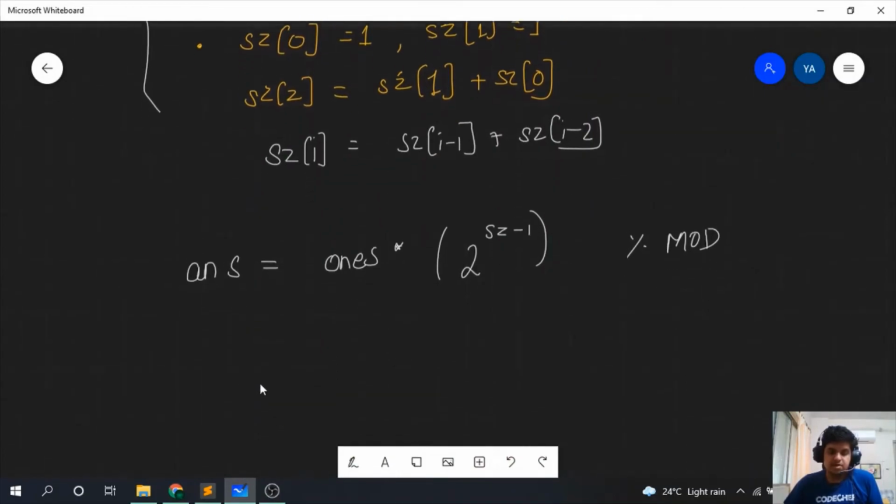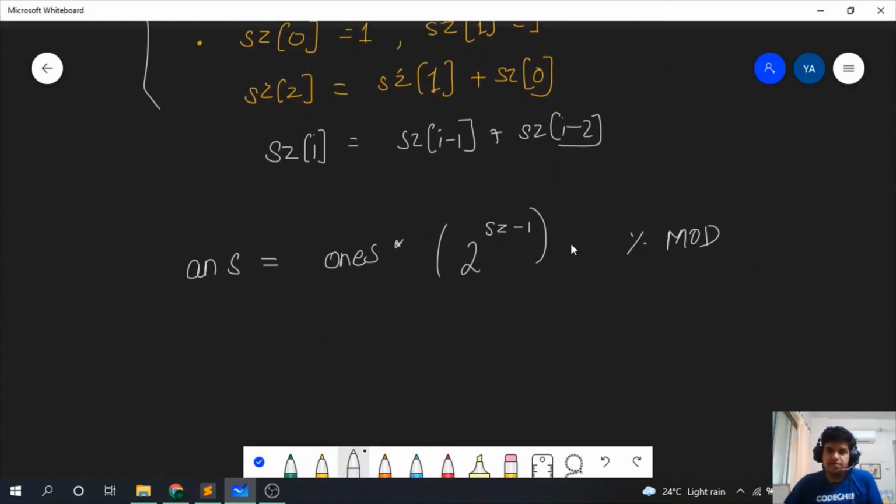Now over here, when we use the power function in mod, we assume that the exponent should be less than the mod. But since this is a Fibonacci sequence, it is not necessary that the exponent is lesser than the mod. So here size minus 1 can be greater than the mod. So let us see how we can tackle this.